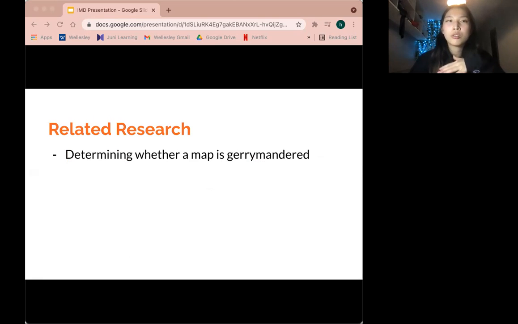Before I jump into our research, just to talk a little bit about the related research that's been done so far, there have been several papers trying to establish criteria for determining if a state is gerrymandered or not. These formulas have even been used in Supreme Court arguments for arguing that a state has gerrymandered their constituency.